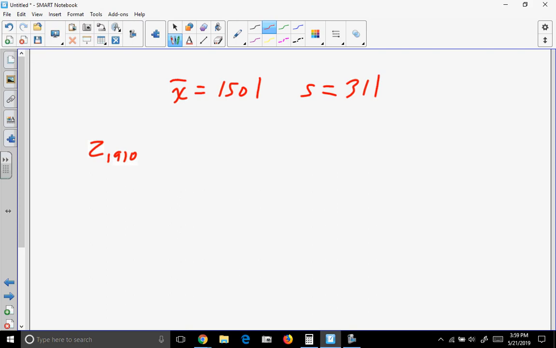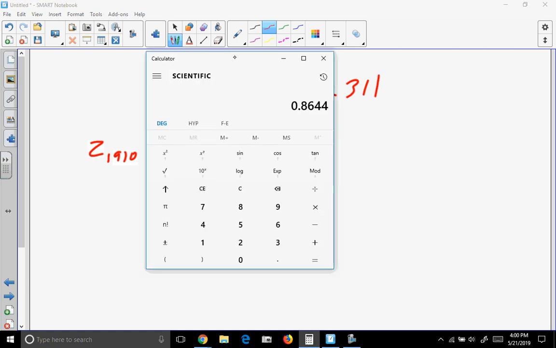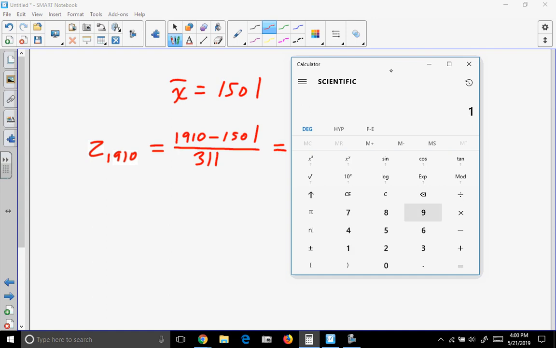So we're just going to use the formula to find the corresponding z-value. We need to find out how far 1910 is from the mean. So take 1910 and subtract the mean. That gives us the deviation, how far away it is. Then we want to convert that into how many standard deviations that is. So 1910 minus 1501.